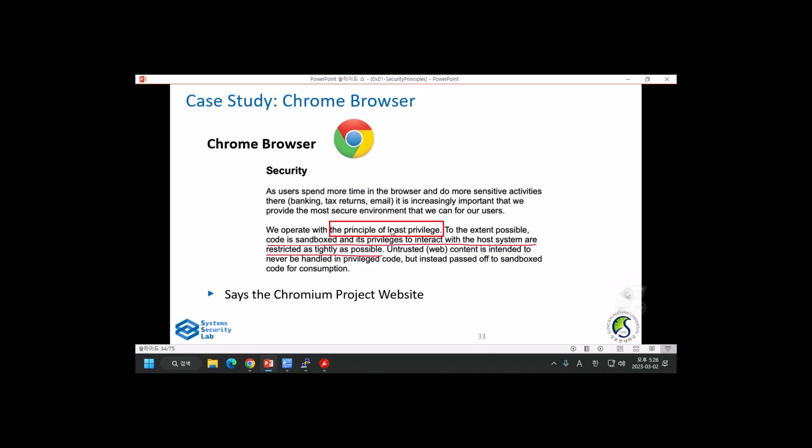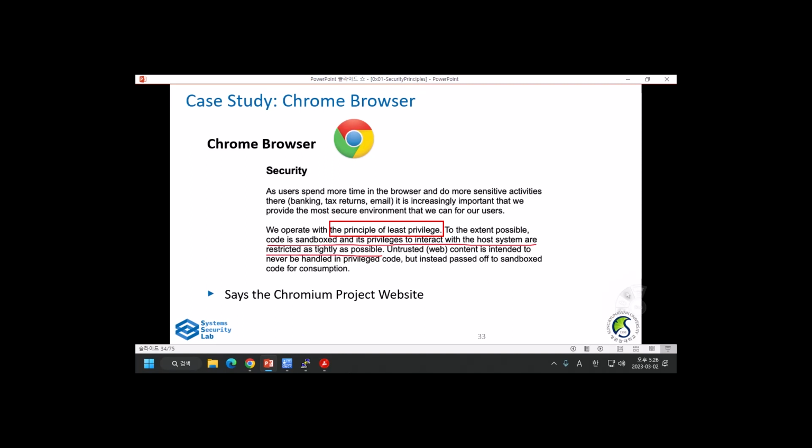Okay, so first of all, we know that Google is trying to pursue least privilege here. And at the same time, the code is sandboxed, and every interaction with the host system is restricted. And this is about complete mediation, right?